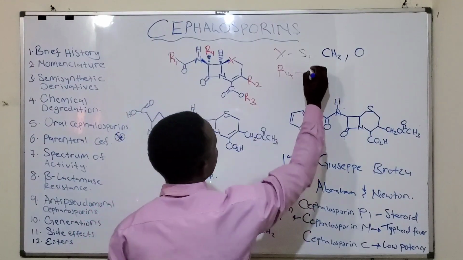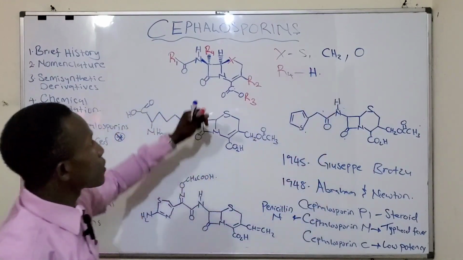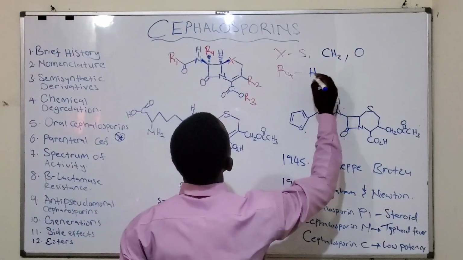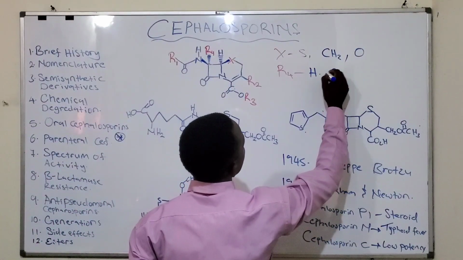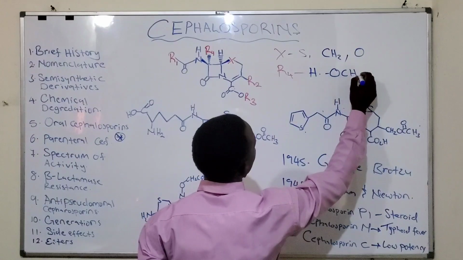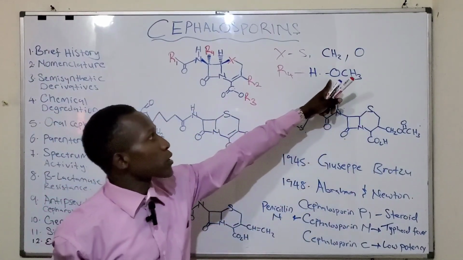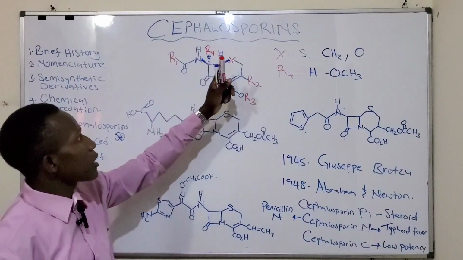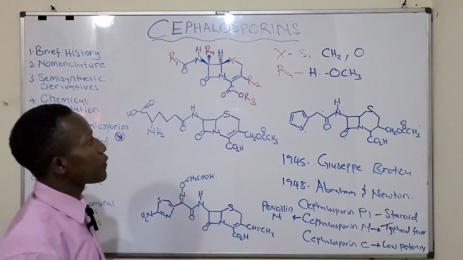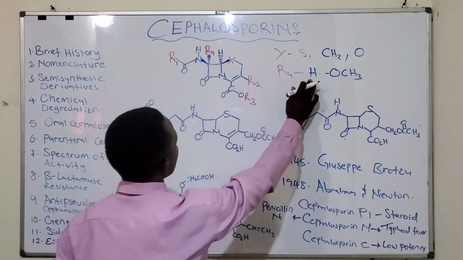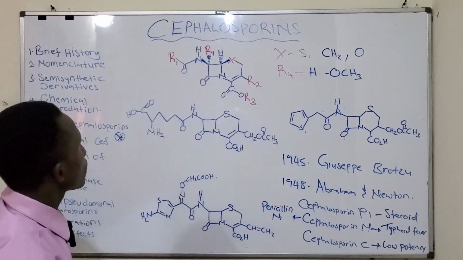In cephalosporins, this R4 is hydrogen. But it can also be a methoxy group. If it's a methoxy group, that one is a cephamycin. For cephamycin, it's a methoxy group. For cephalosporins, it's a hydrogen.